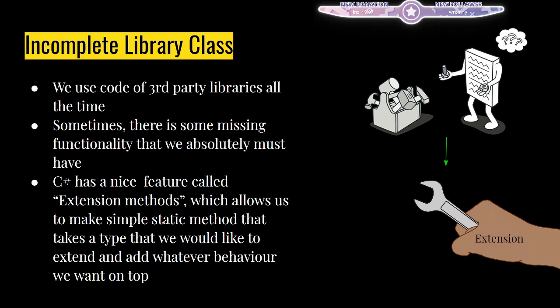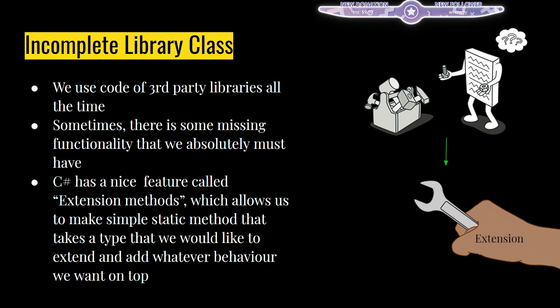If you write a parameter with this keyword, it works as if you are working with an instance of that class. At least semantically, calling that method will feel as if you're calling an instance method. So that is how you can add the behavior that you need to library classes using extension methods.